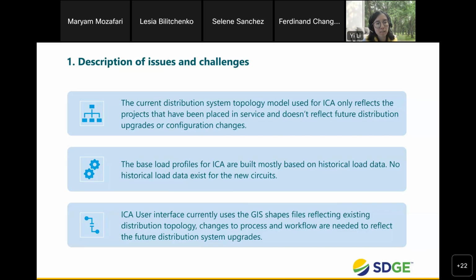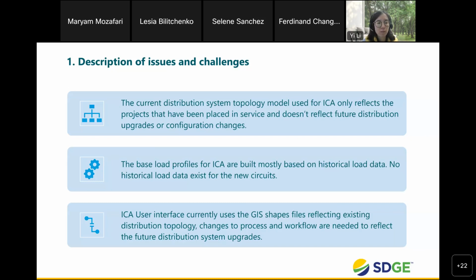Last but not least, for those of you who have used ICA, Load ICA currently is a data layer that's layered on top of the GIS shape files to give whoever accesses ICA a flavor of how it overlays with the actual street, the district, and the system topology.